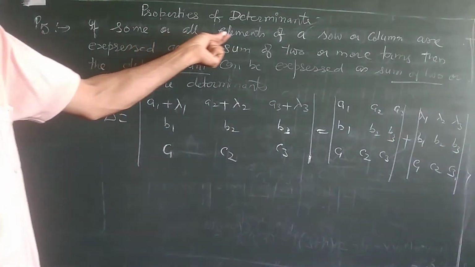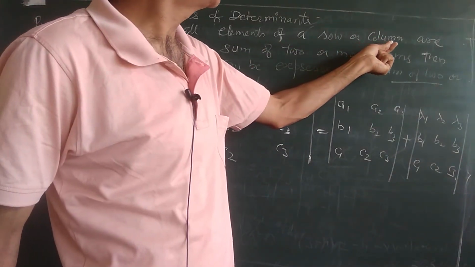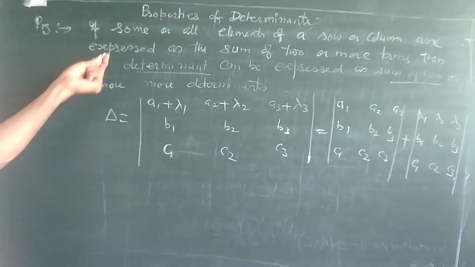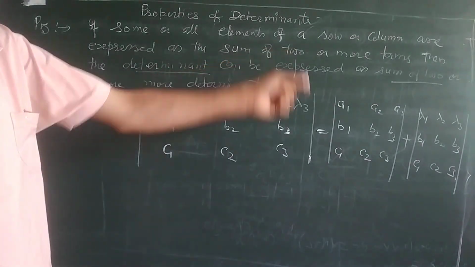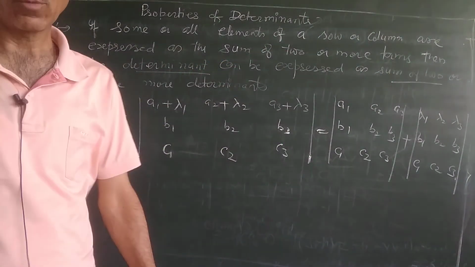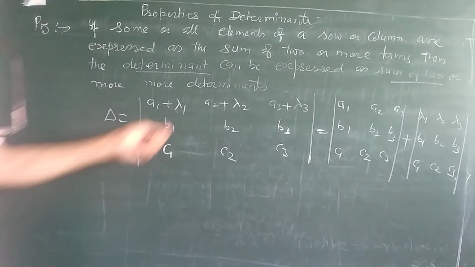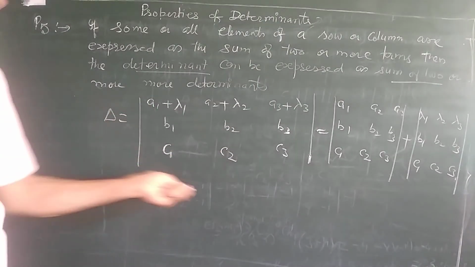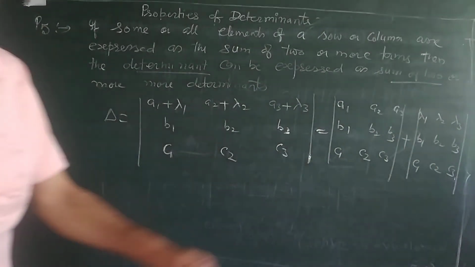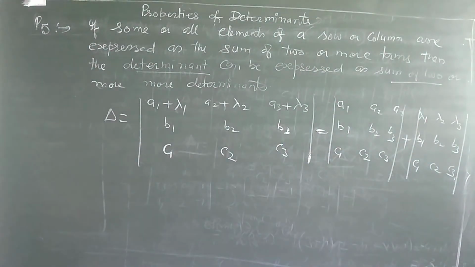It means if some or all the elements of a row or column are expressed as a sum of two or more terms, then the determinant can be expressed as a sum of two or more determinants. Suppose there are three terms, then we can express this as a sum of three determinants, and so on. This is property number 5.